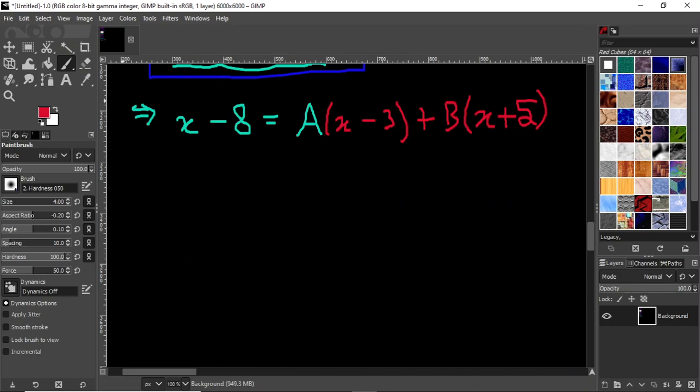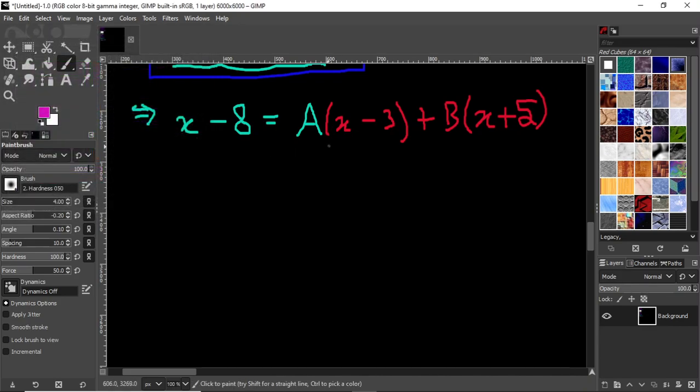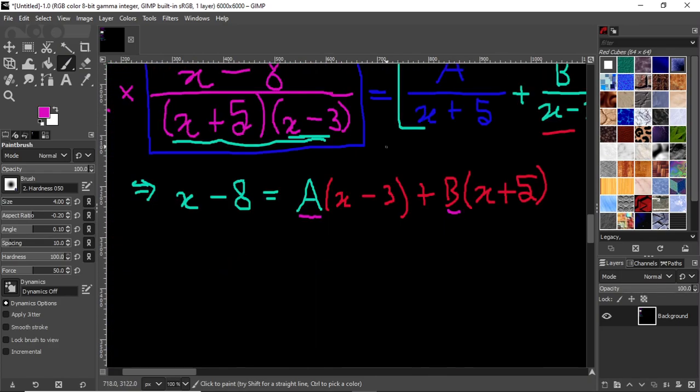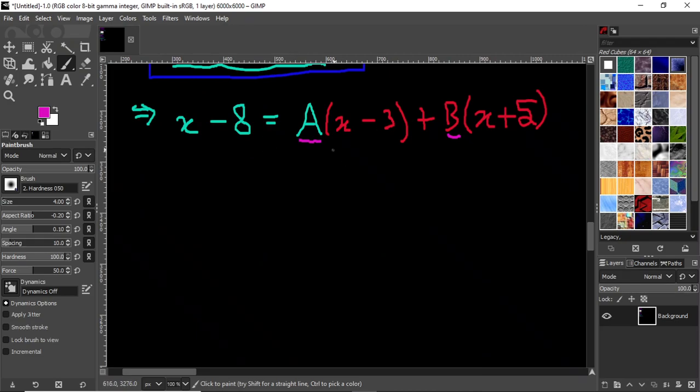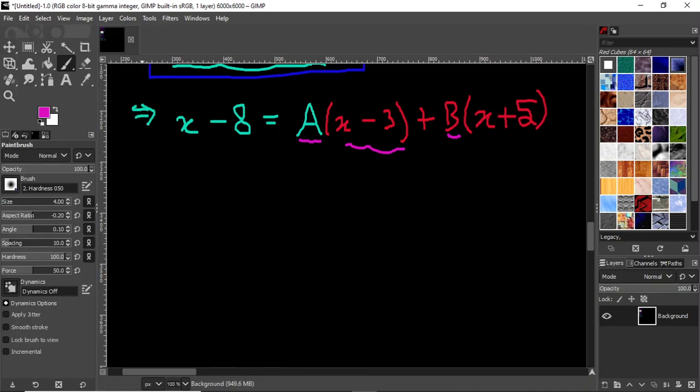There are a couple ways to do that. When we don't have that many unknowns to solve for in these partial fraction problems, it's usually convenient to just choose values of x, values of x that make the factor 0, and solve for the constants.